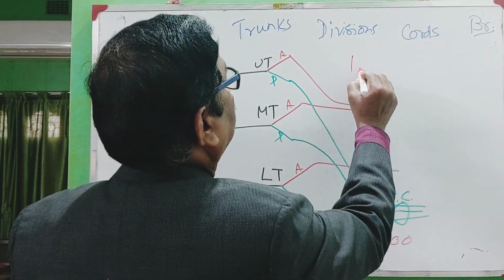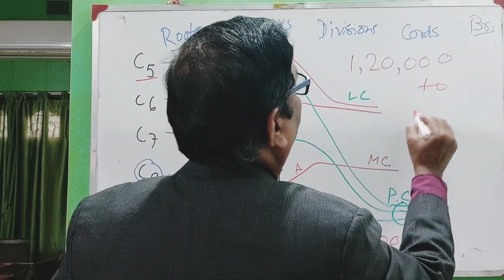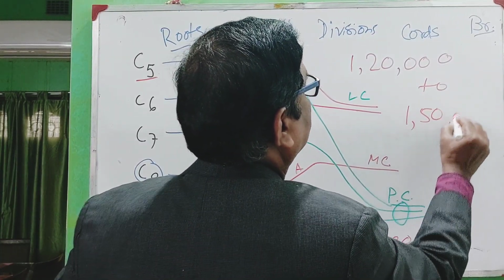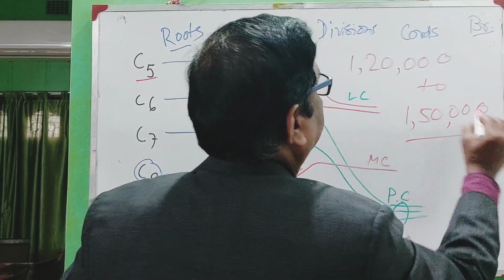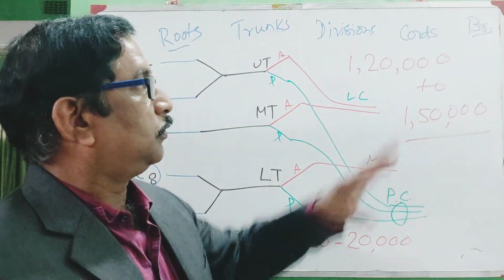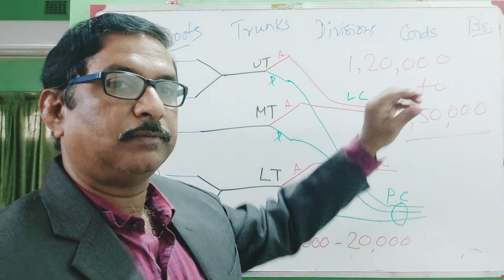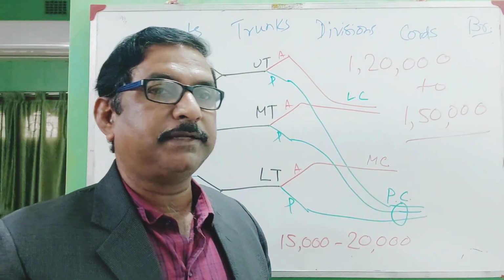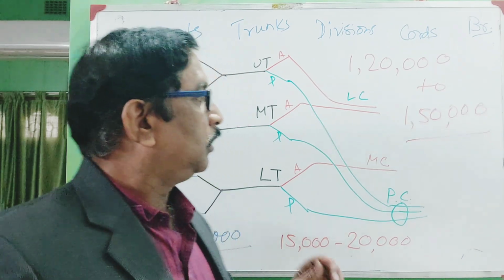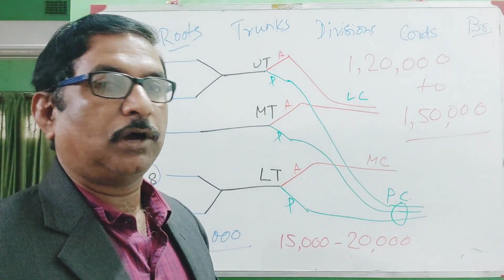1,20,000 to 1,50,000 myelinated axons. These fibers must contain both motor fibers and sensory fibers, but their contribution may be different. How?